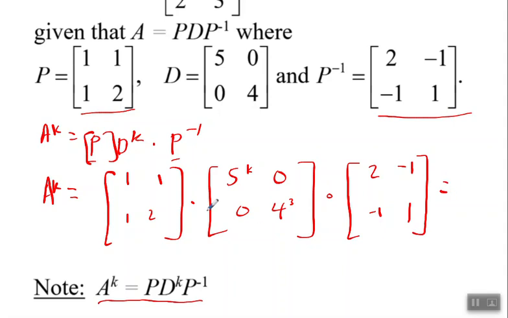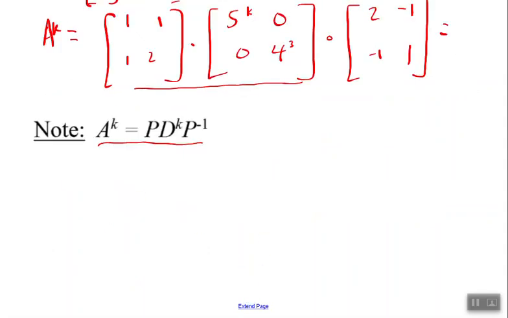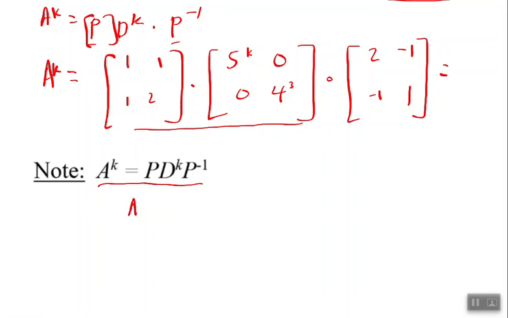Okay, so what is going to be our general formula for this? What I'm going to do is multiply the first row. Multiply these two things first. They're not commutative, so we have to do them in order. So we are going to have A to the k, first row by the first column. Oh, that's nice. It's just going to give you 5 to the k times 1 plus 0.